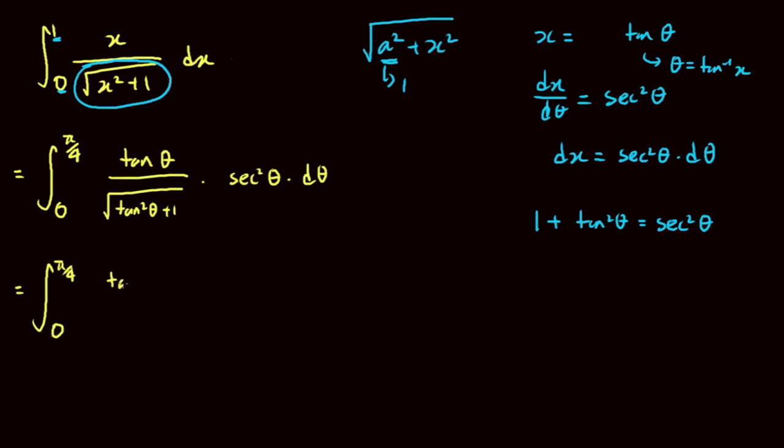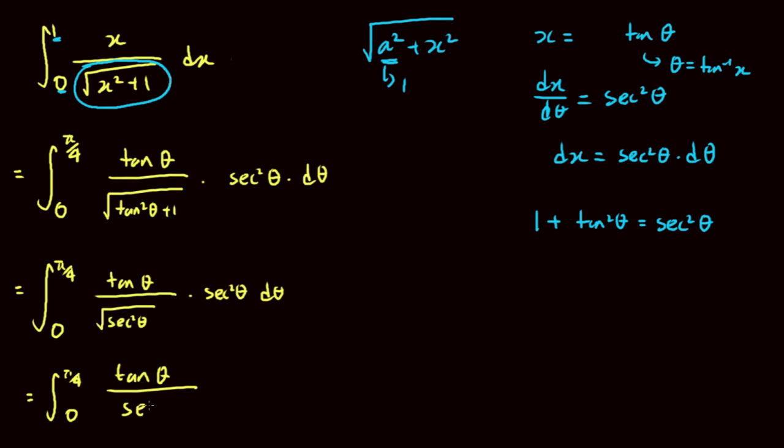The square root gives us sec theta, so we're left with tan theta over sec theta times sec squared theta d theta.